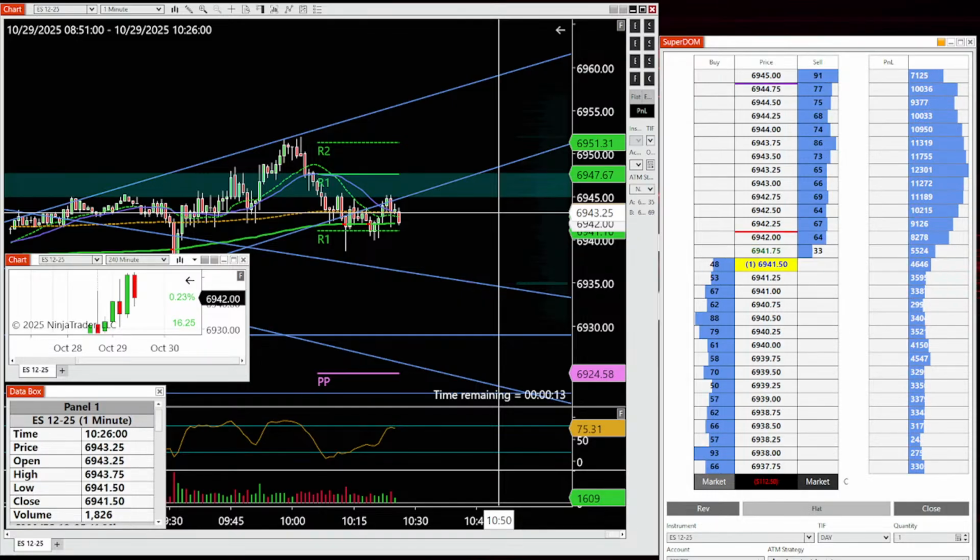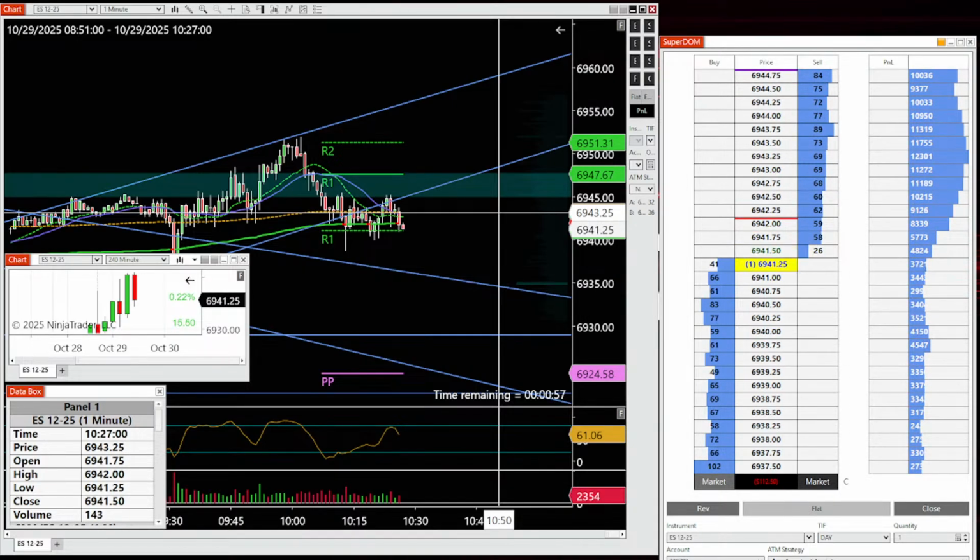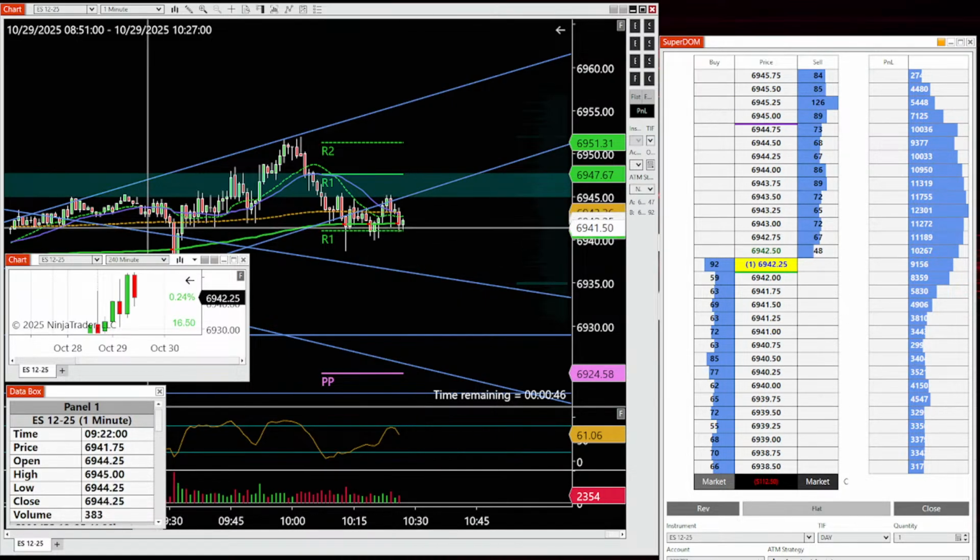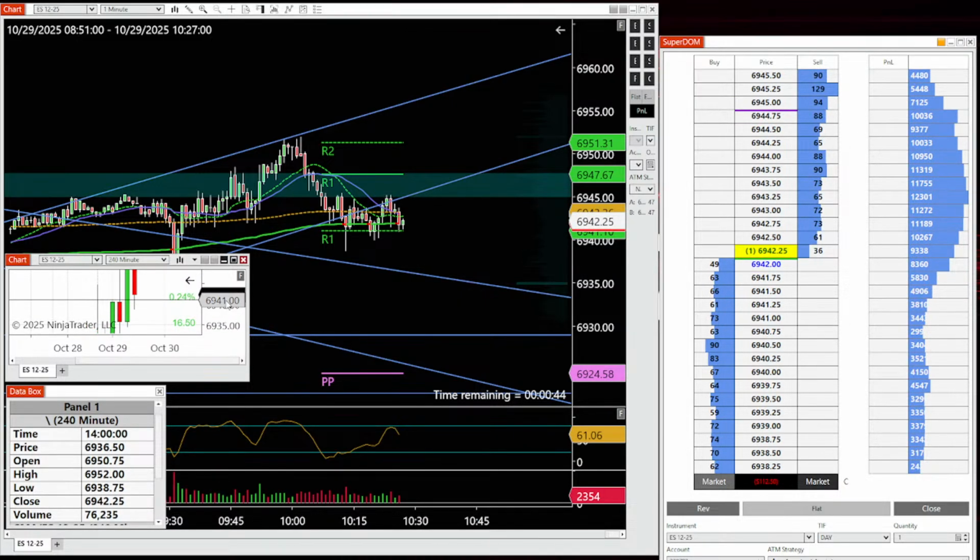Keep coming back down to test this 40, 42. And keep bouncing up. We're up 16 points for the day.